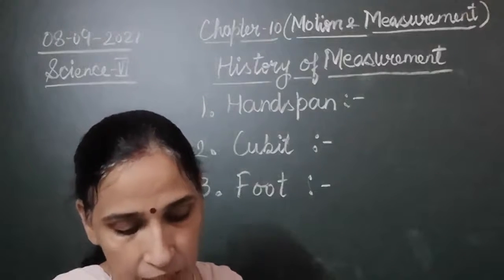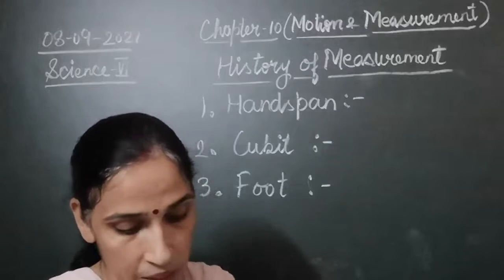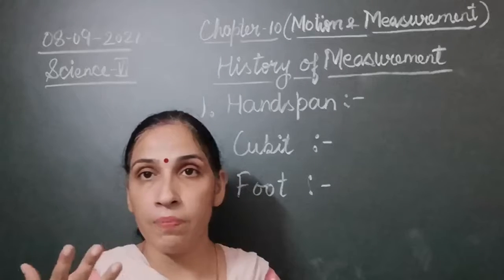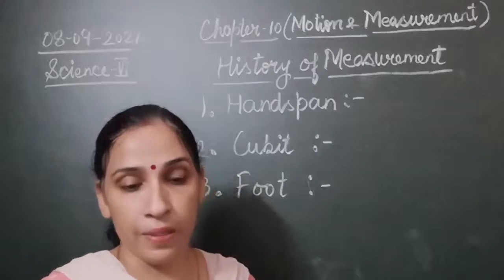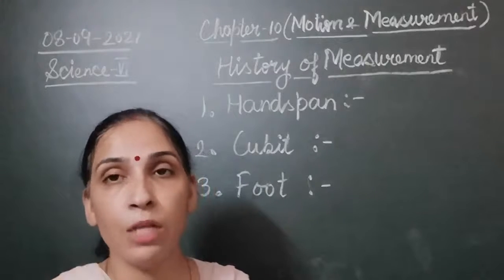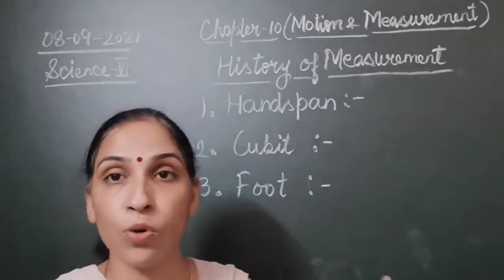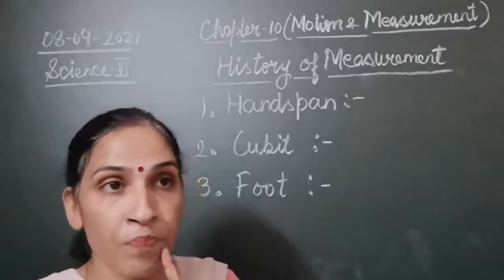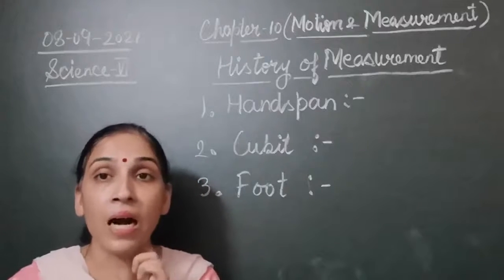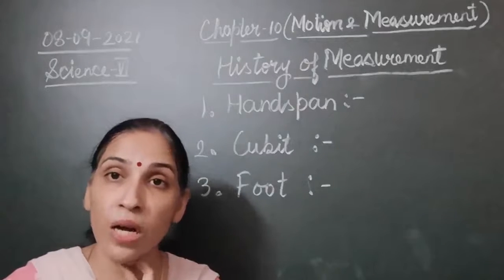Now, measuring length using the above units was not convenient because each individual has their own handspan length. It might be possible that if I tell you to measure this length with your handspan, you find that it is 5 handspans. But when I measure it, I find that it is only 4 handspans.